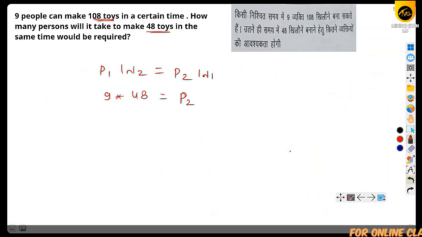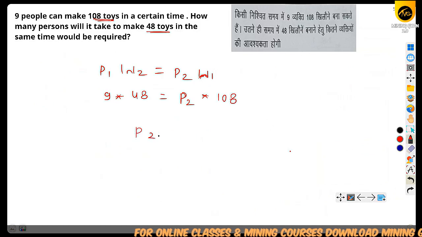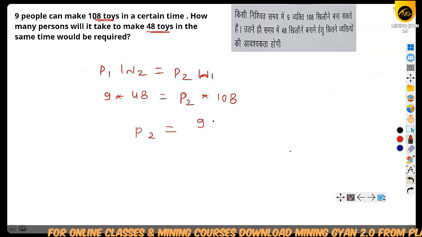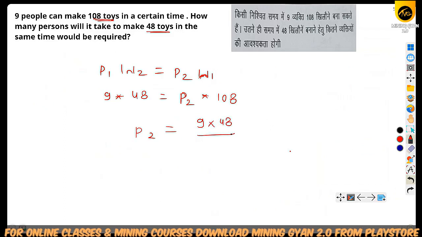And the W1 is the number of piece of work for the first initial condition, that is the 108 twice. So just multiply 108. Now we can find out the number of persons P2, 9 into 48 divided by 108, right?